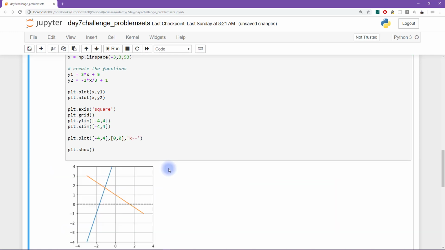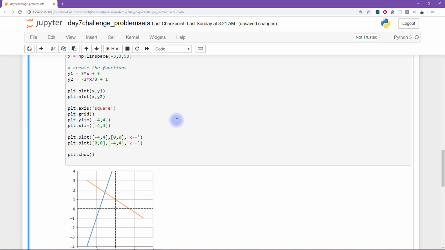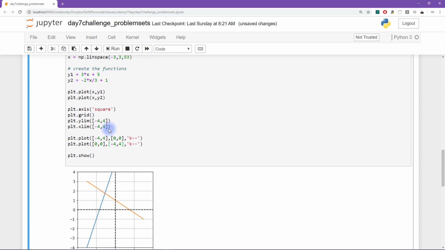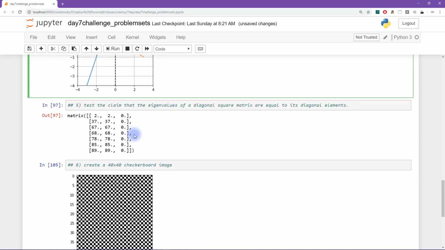That's going to be a black dashed line. Beautiful. All right, and then copy paste, and then essentially we just need to swap which axis gets the 0, 0 and which axis gets the -4 to +4. Cool. This looks really nice. And we see that this system of equations has a unique solution, has exactly one solution.